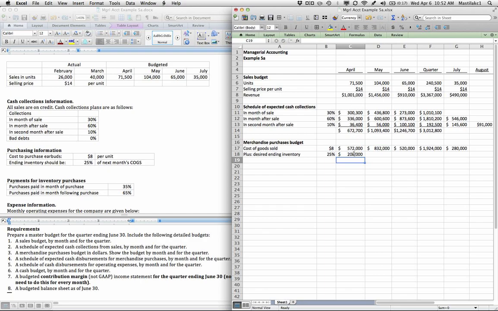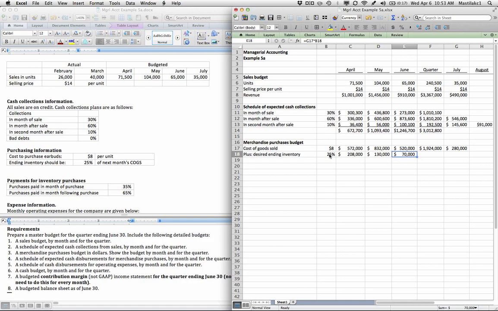So we want to end April, on April 30th, with 25% of what we're going to sell in May. On May 31st, we want to have 25% of what we're going to sell in June. And on June 30th, we want to have 25% of what we're going to sell in July.